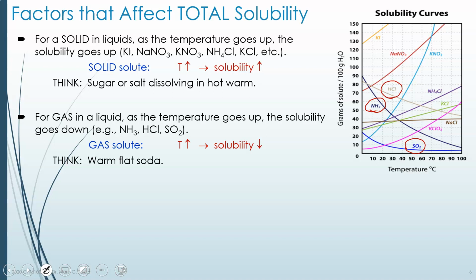Each of these 3 are gases, and you notice that for each of these 3, the curve goes down when we increase the temperature. One way to think about that in everyday life is that when you have warm soda, it tends to be flat. It tends to be flat because the carbon dioxide gas starts coming out of solution. The gas is not as soluble in warm soda as in cold soda.